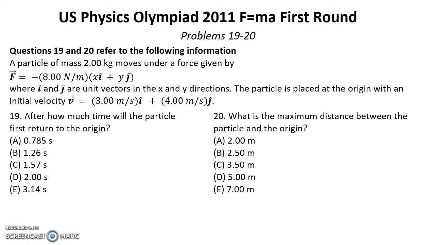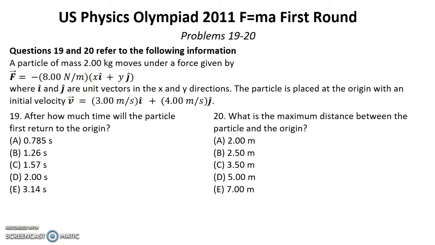Solution. As we can see from this equation, we have force proportional to displacement and going in the opposite direction to this displacement. It means that this force exactly describes harmonic oscillations.